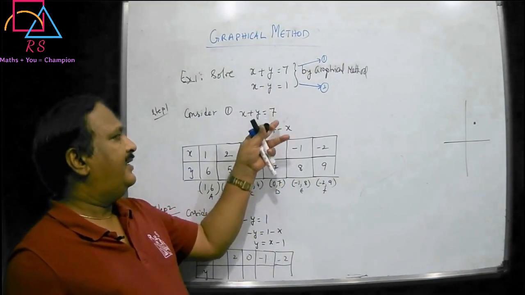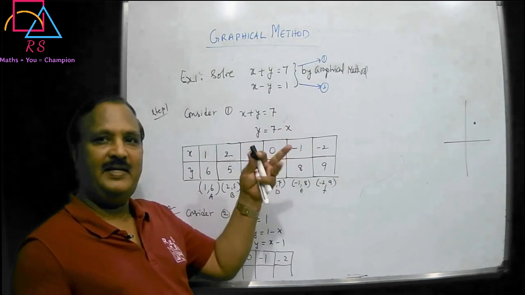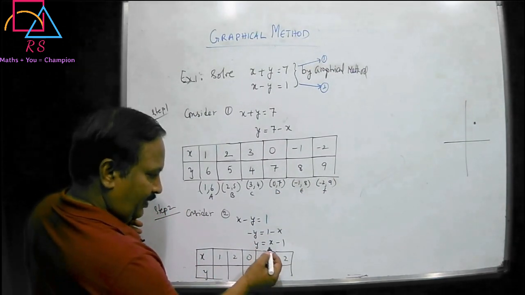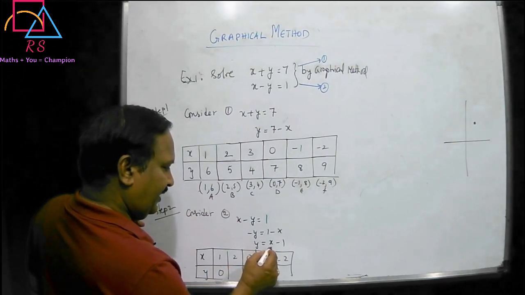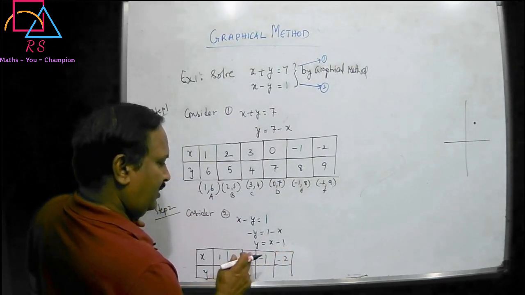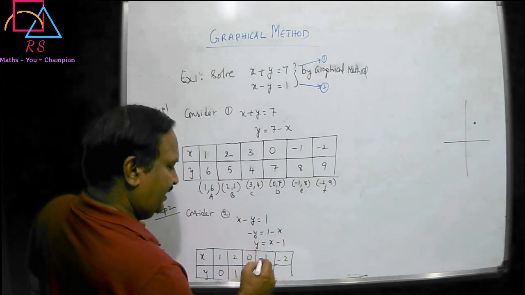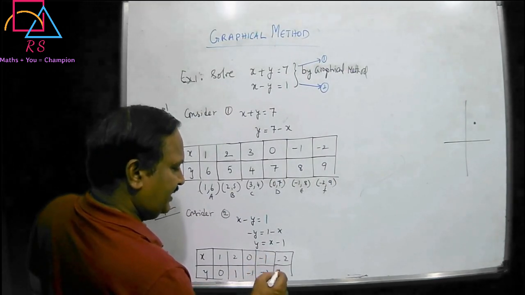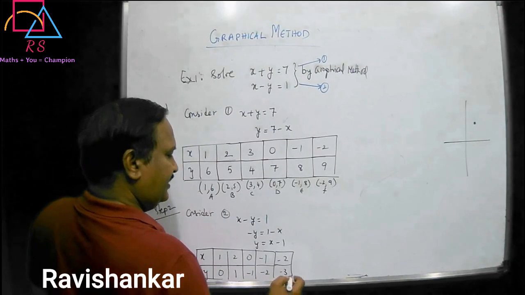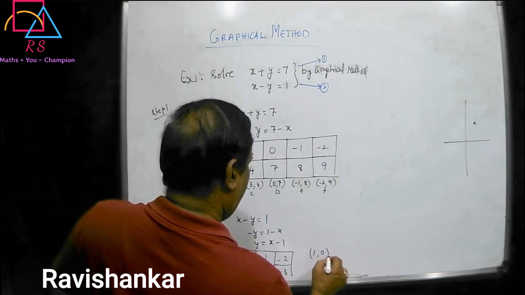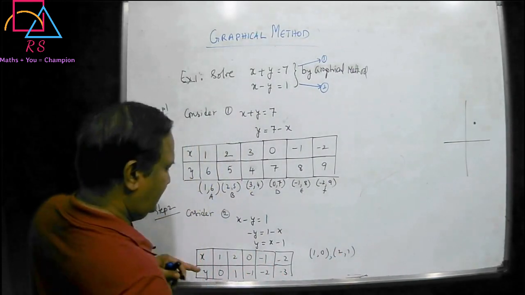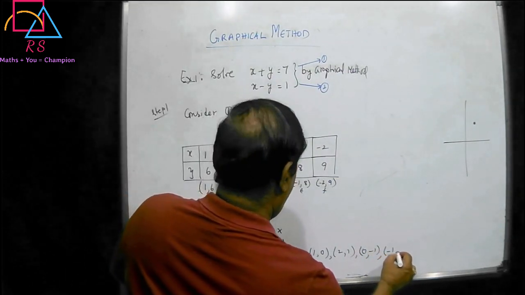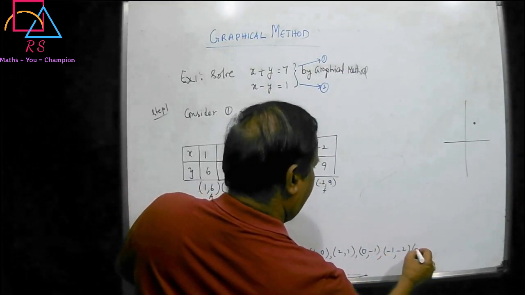If you have something like 7 minus x by 3, then you have to take proper numbers. So for 1, y is 0; for 2, y is 1; for 0, y is minus 1; for minus 1, y is minus 2; and for minus 2, y is minus 3. So the points are 1, 0; 2, 1; 0, minus 1; minus 1, minus 2; and minus 2, minus 3.